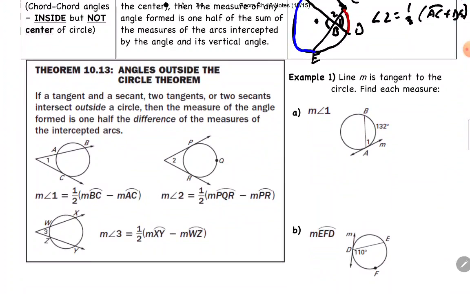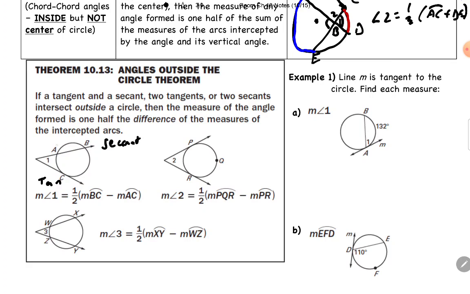So what if we have angles outside the circle? Here we have a tangent and a secant.